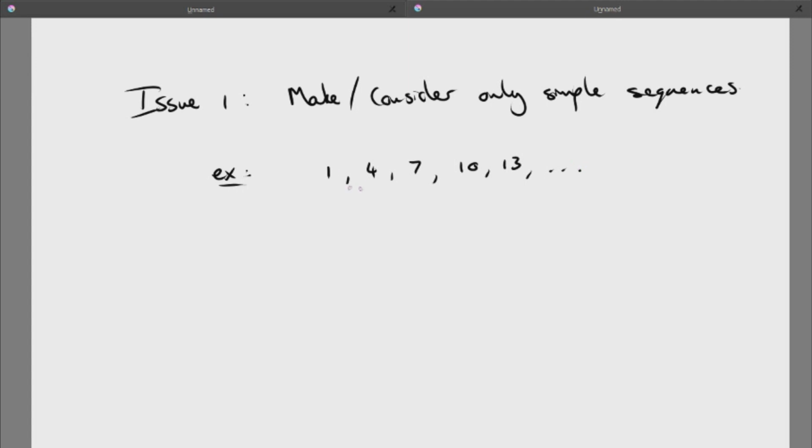So let's look at an example like that, where we're adding 3 every time. It's easy to see, easy to explain, easy to find the next one, easy to convince someone else. But now, even in that kind of sequence, we have a lot of different sequences that have the same jump every time. That's just one example.